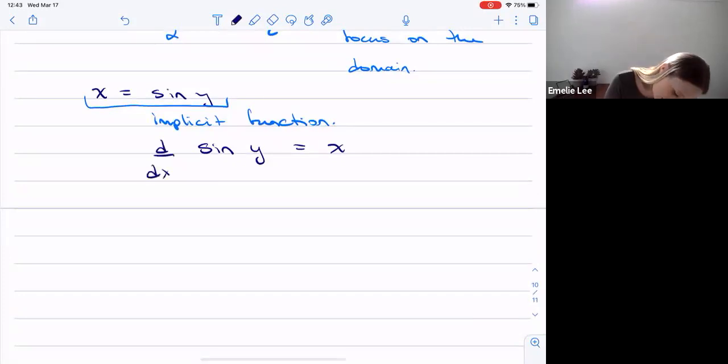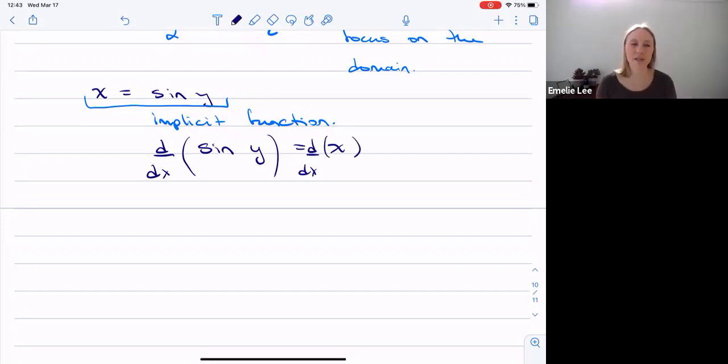And now I'm going to take the derivative. So if I'm taking the derivative of sine y, which is an implicit function, I can take the derivative of the outside, which is sine, so that makes a derivative of cos y.